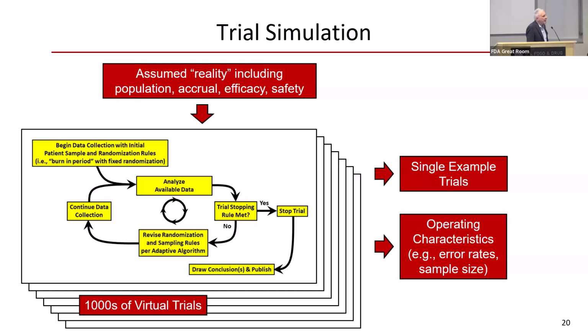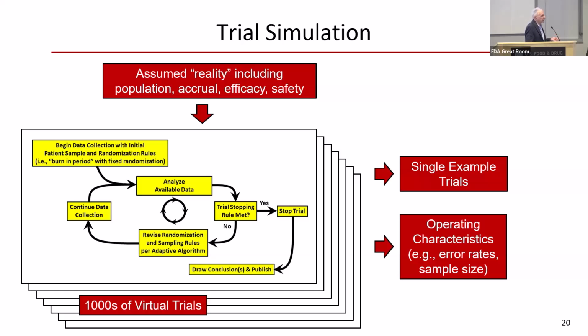In order to evaluate the design, we take the design and we make lots of different assumptions regarding the true underlying efficacy of cold stored platelets as a function of storage duration, run thousands of trials, and simply count up the trials that get an answer that is consistent with the underlying assumed truth or inconsistent. And I just want to point out that this trial can get wrong answers in a number of different ways.